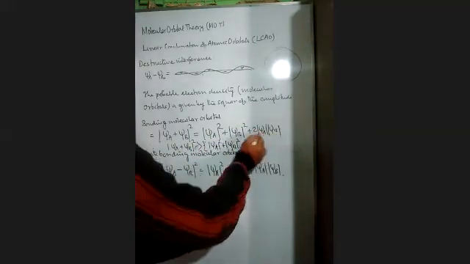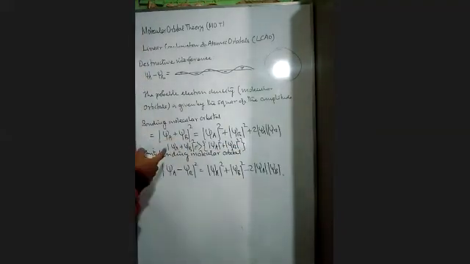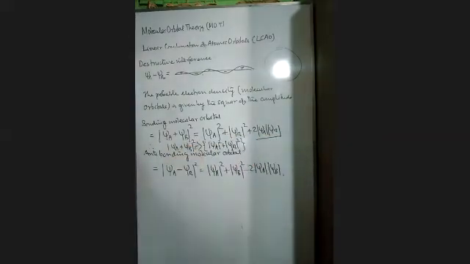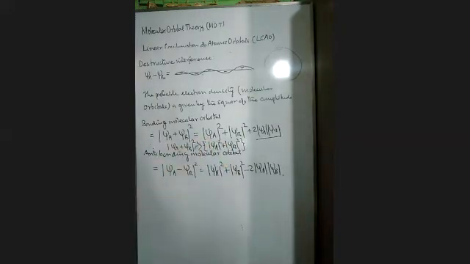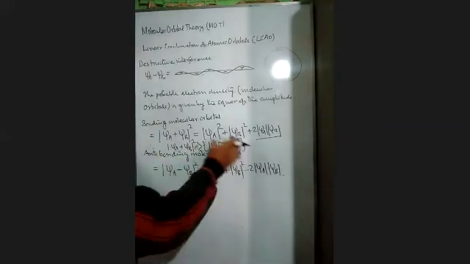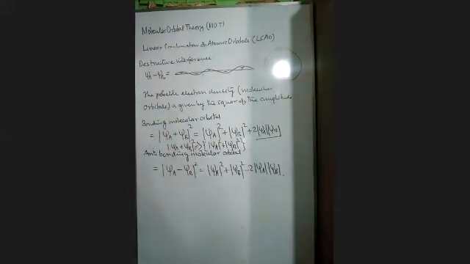Because this factor is there, the electron density between the two nuclei now increases by an amount of this. In the molecular orbital, when they form, we find the electron density in between the two nuclei has increased by a factor of 2 psi A psi B.